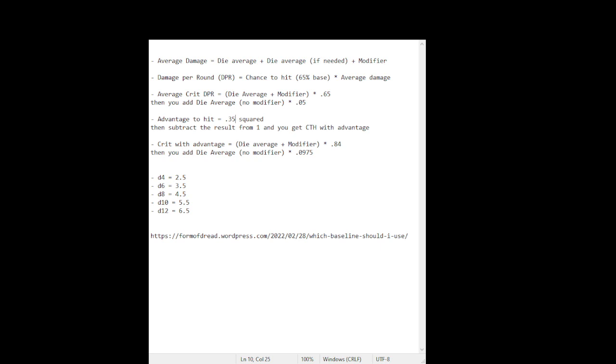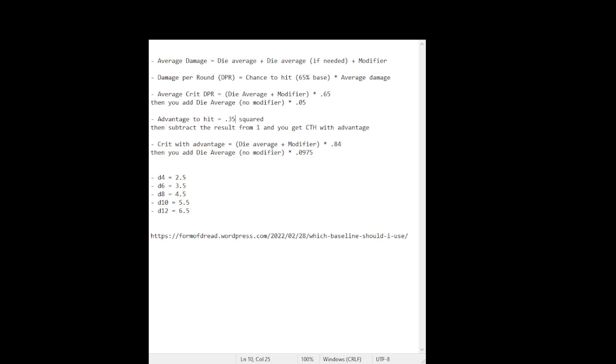So with advantage, you take your chance to miss, which in this case is 35%, and then you square it. And then you take the squared amount and subtract it from 1, and that number that it spits out is now your advantage chance to hit.